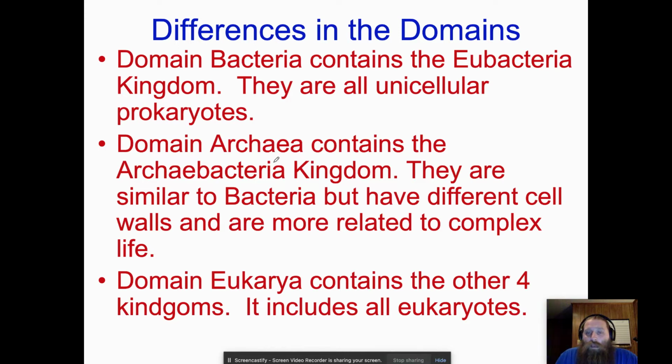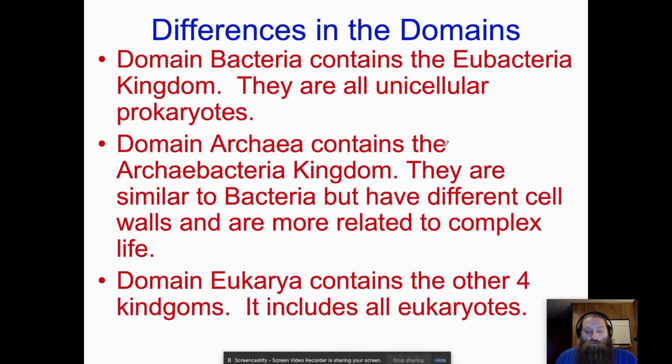In the domain archaea, there is the Archaebacteria kingdom. They're very similar to bacteria, but their cell walls are different, and it's thought to be a kind of ancient evolutionary branch between bacteria and eukarya. Domain eukarya has all 4 other kingdoms, so all eukaryotes fall under eukarya.